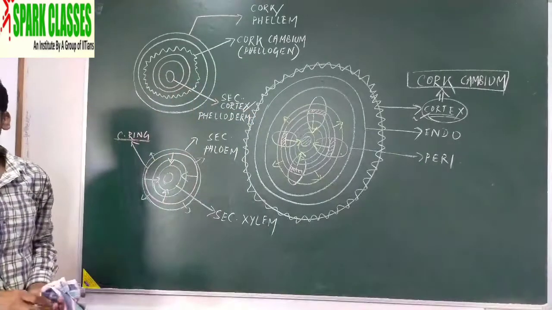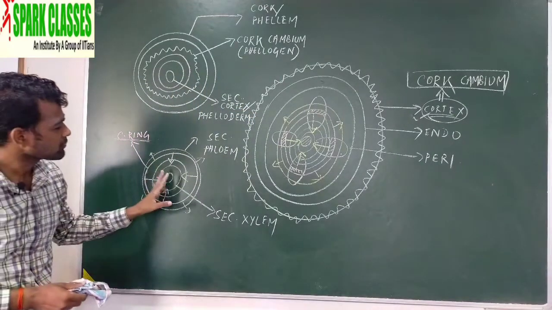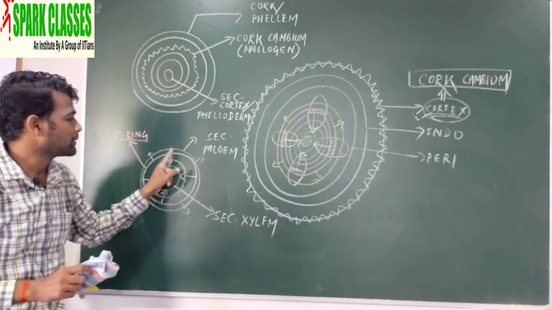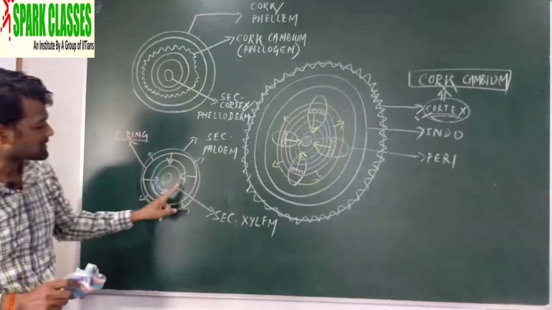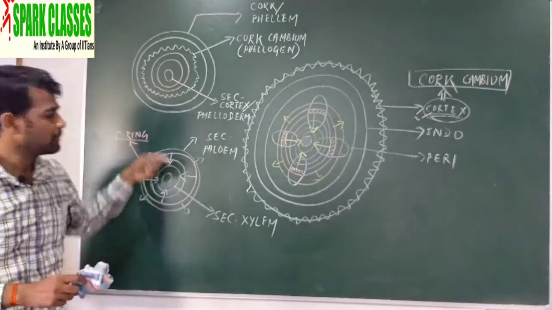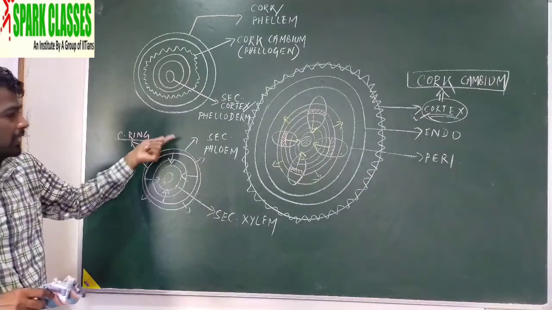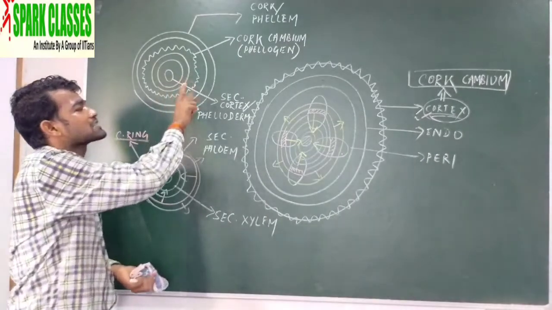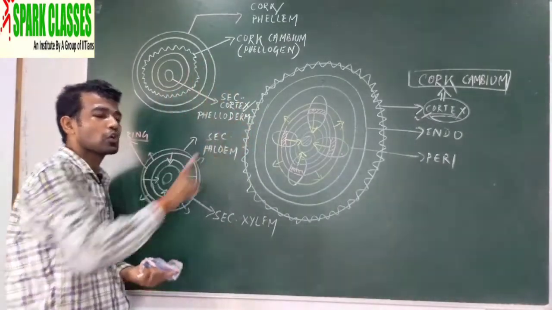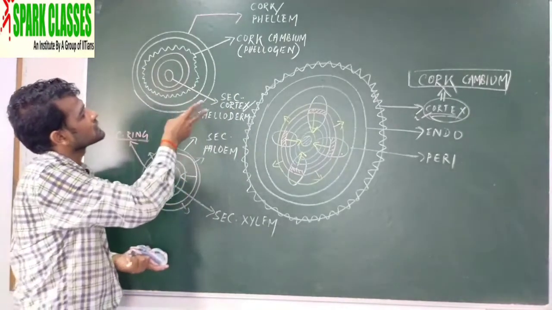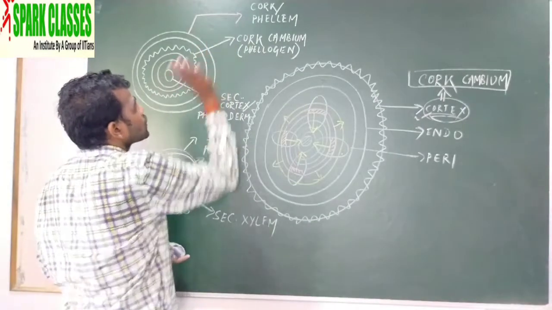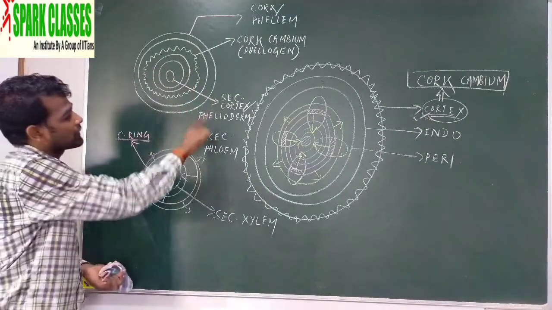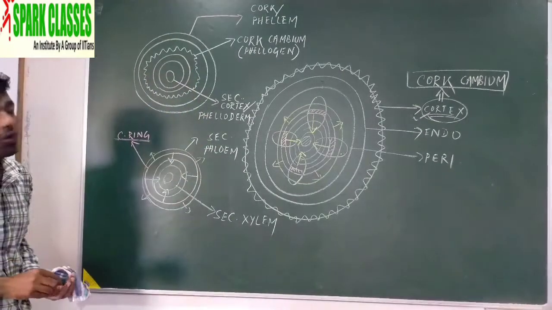These three terms you have to remember. The cambial ring produces what towards the outer, and what towards the inner? Inner secondary xylem, outer secondary phloem. Similarly, here you have to remember two things. The cork cambium, which is produced in the cortex region, produces two things: towards the outer side cork or phellem, towards the inner side secondary cortex or phelloderm.